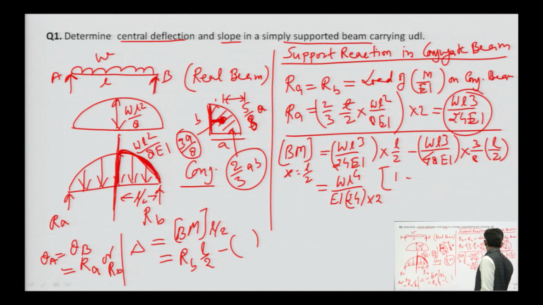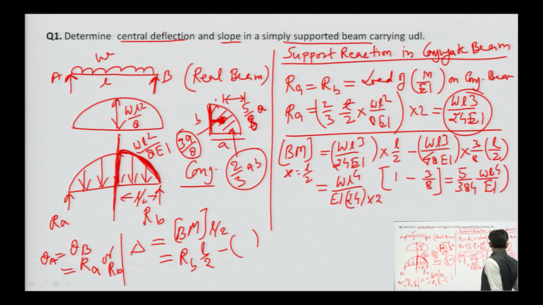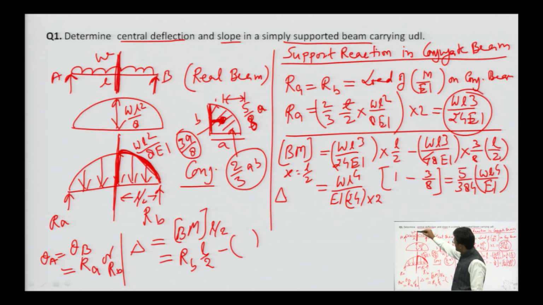So here it will be 1 minus 3 by 8. So we will get 5 divided by 384 WL to power 4 by EI. Bending moment we have calculated, and I told you that it will represent the displacement at center, meaning central displacement will be this value.